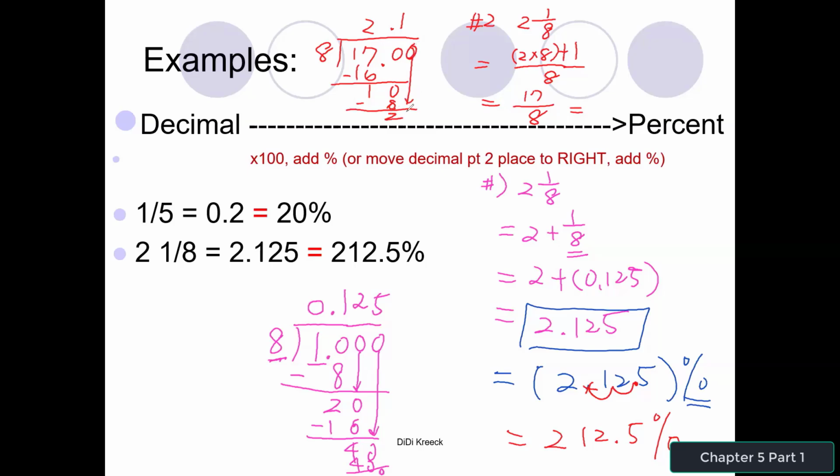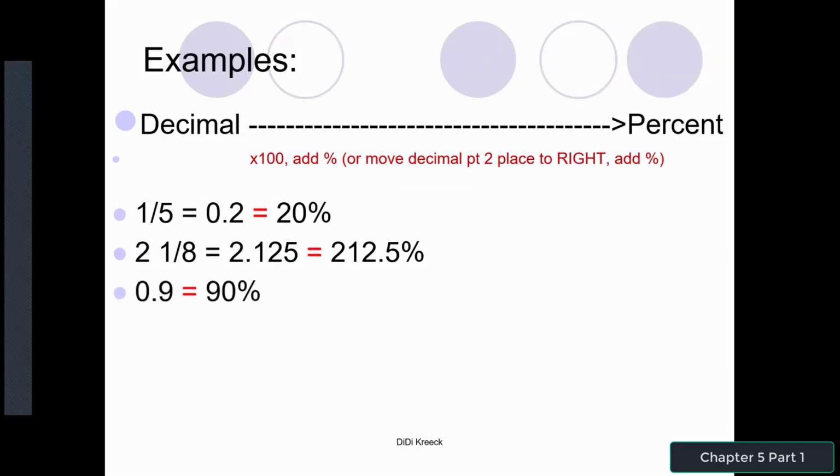At 0, bring that 0 down, I can have 8 go 2 times, make 16. And then 4 left, at 0, I can have 8 go 5 times to make 40. So here we have 2.125, okay? And I can either multiply 2.125 by 100%, or simply move the decimal point 2 places to the right, 1 and 2, and then add the percent symbol, 212.5%.